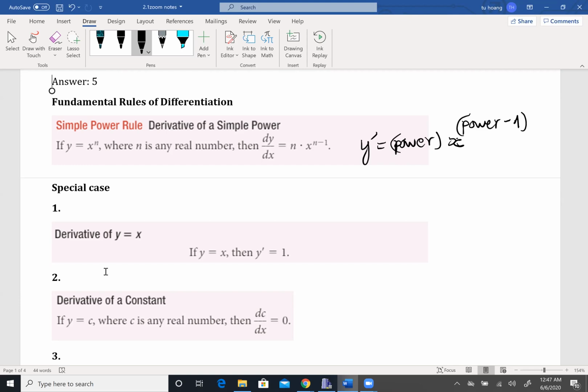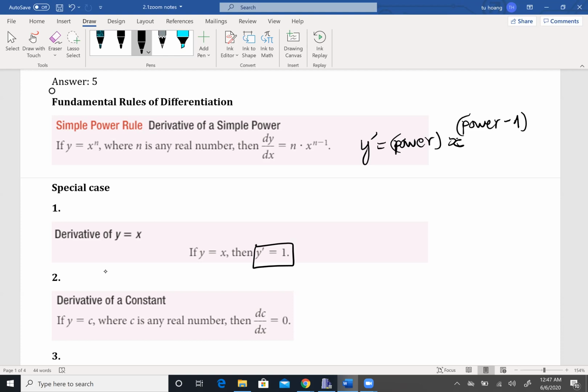In this case, the function has only an x, not some power, but it actually has a hidden power one. So you can right away say that the derivative of the variable x is just equal to one.